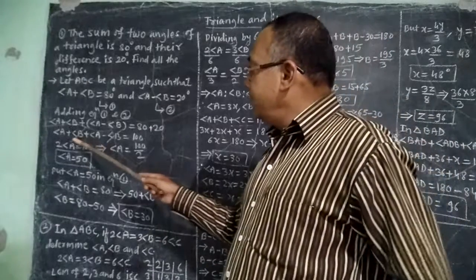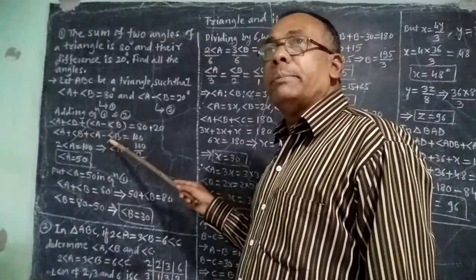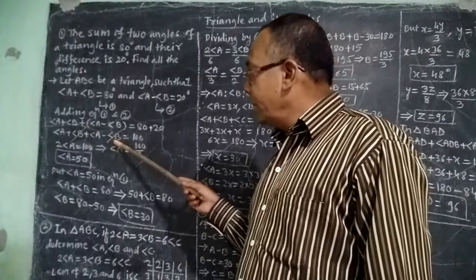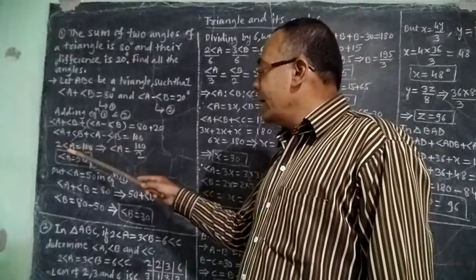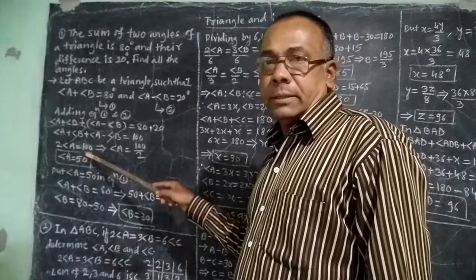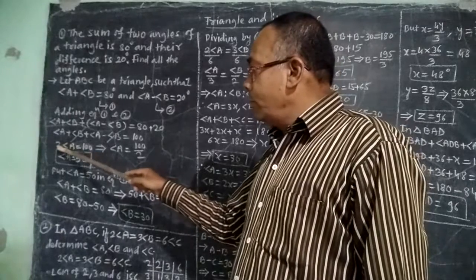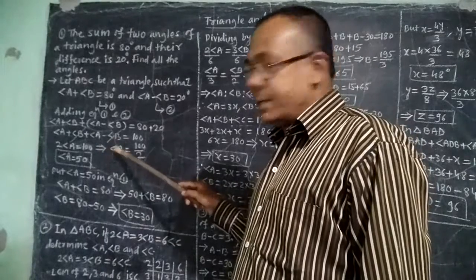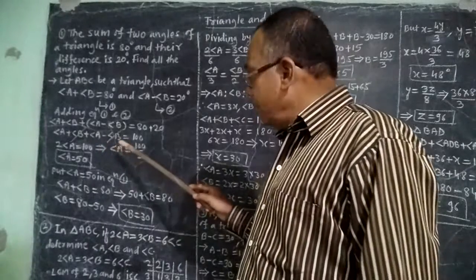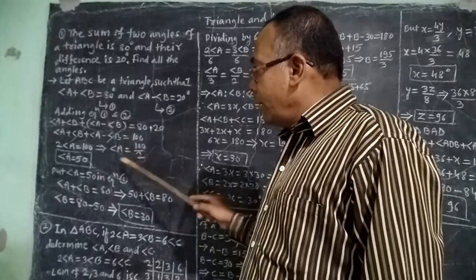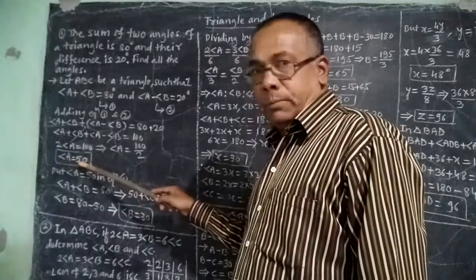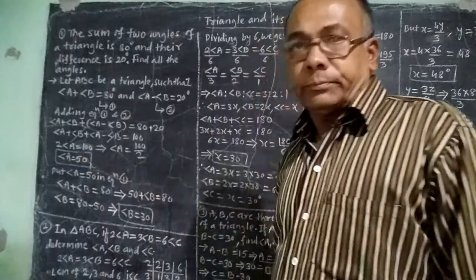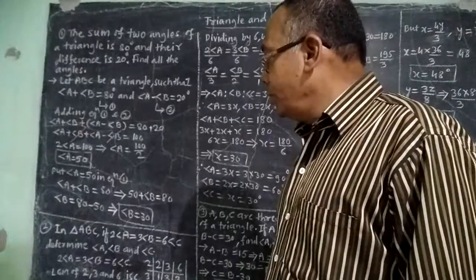Here plus angle B and minus angle B cancel each other, and therefore we will get twice angle A is equal to 100. If we transfer 2 to the right side, it will divide 100. So angle A is equal to 100 upon 2, and therefore angle A is equal to 50.